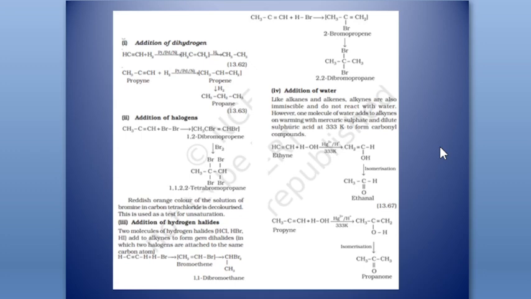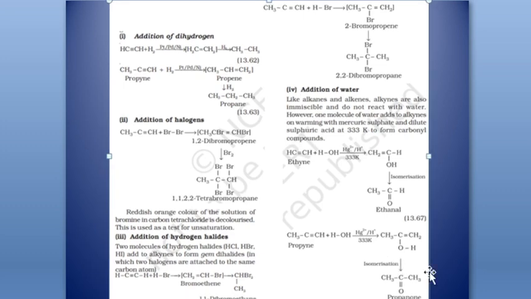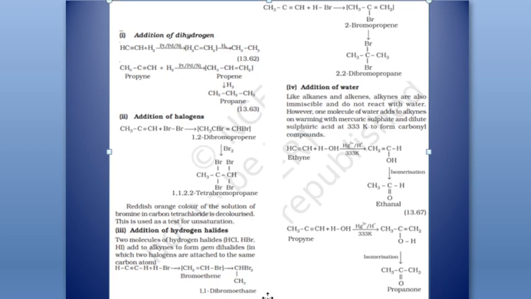If we take ethyne and take Hg2+ in presence of H+ in presence of heat, it will first form an enol.